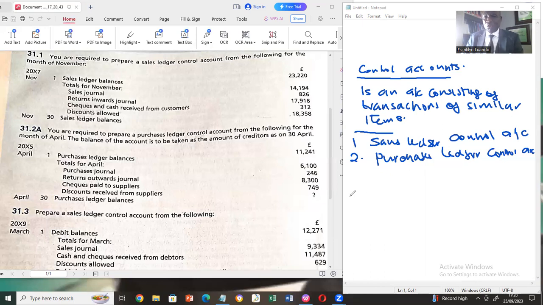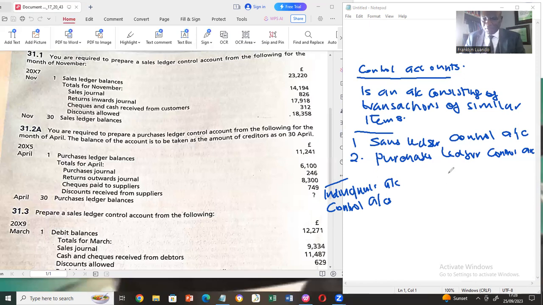So basically there are two people. There is one person doing the individual accounts, and another person doing the control accounts. Because there are two individuals, they act as a check on each other.